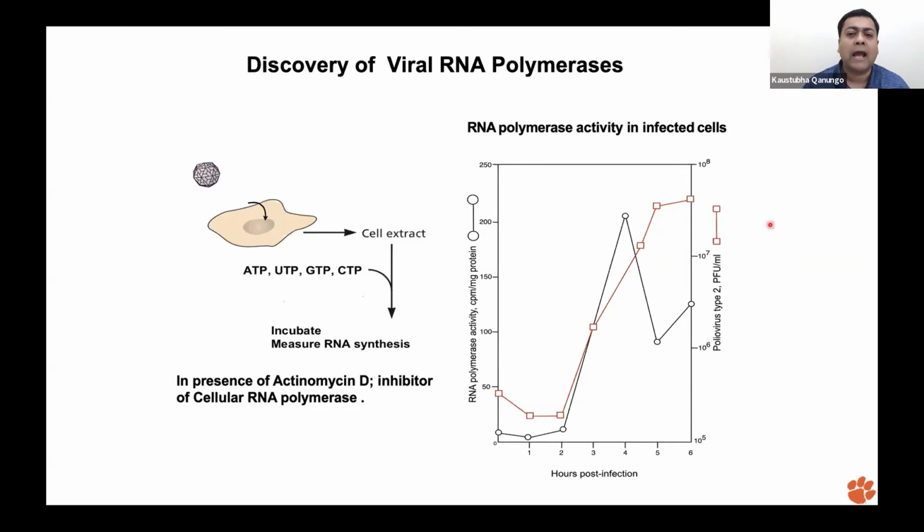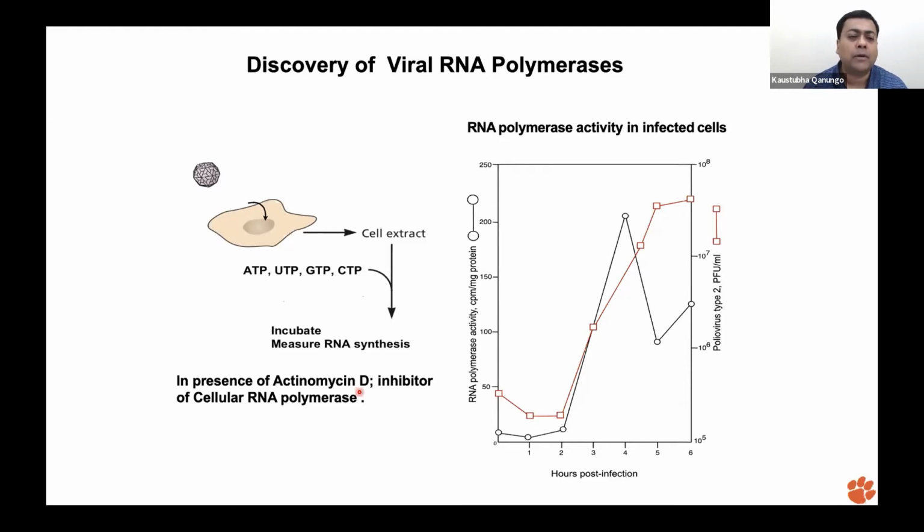So they argued that this polymerase, which is synthesizing the RNA, which is what they measured here, must be an RNA polymerase that is not inhibited by actinomycin D and must be of viral origin. It is not a native thing in the cell.